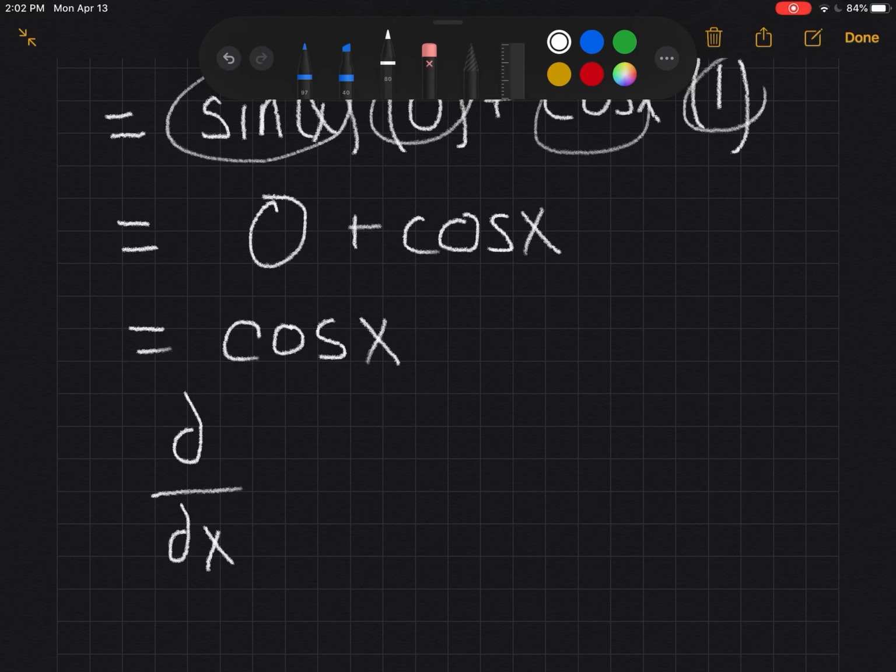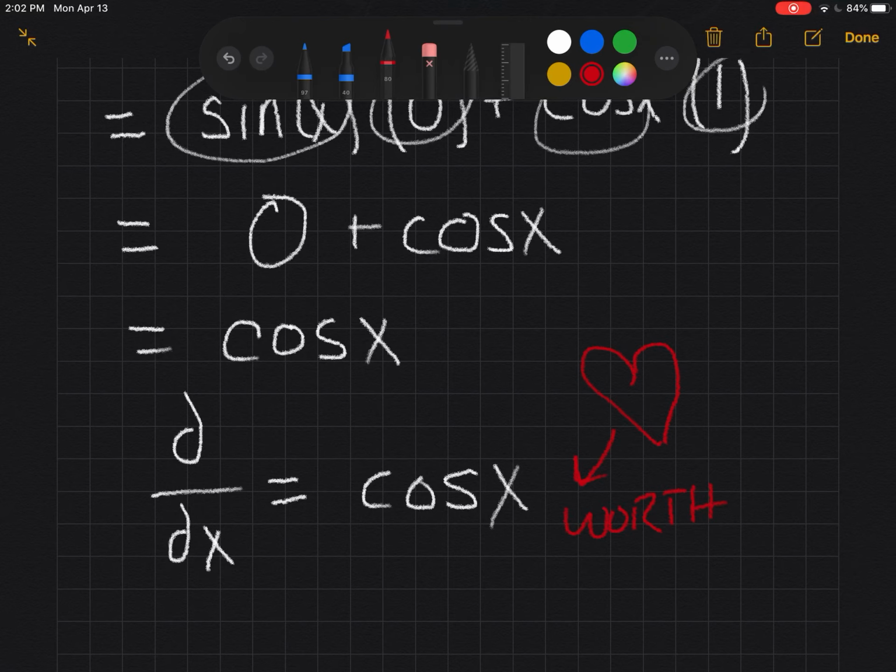And cosine of x times 1 is cosine of x. So I have 0 plus the cosine of x, which is just the cosine of x. So all that work goes in to show us that when I take the derivative of sine x, I get cosine of x. And that is your proof of this fact.